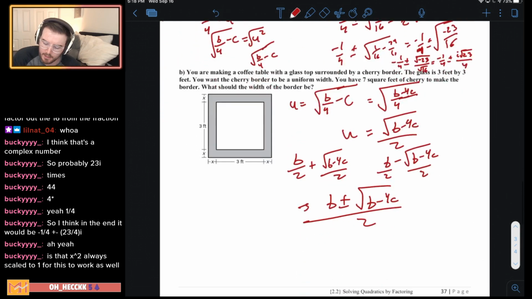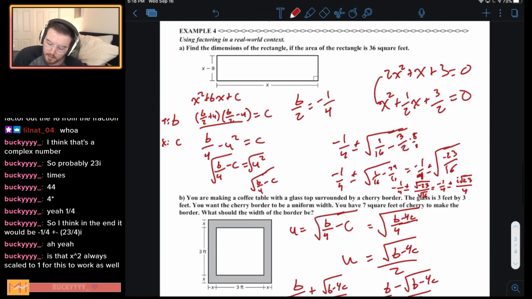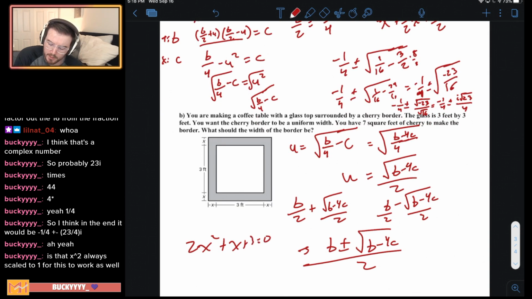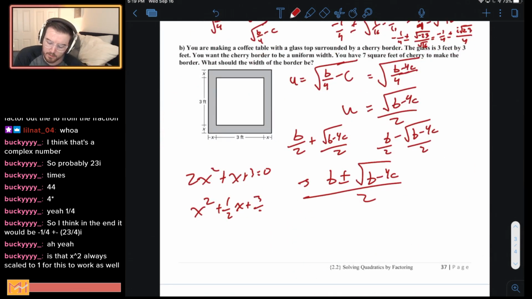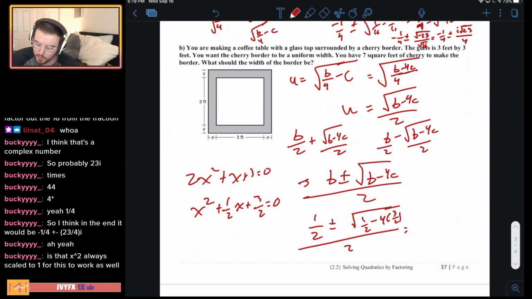I think if I use this equation, it would work. Let's see. We've got 2x squared plus x plus 3 equals 0. And then I divide it by 2, and I get x squared plus 1 half x plus 3 halves, like I said. Just double checking my work up there. So then 1 half plus or minus the square root of 1 half minus 4 times 3 halves all over 2, which equals 1 half plus or minus the square root of 1 half minus 12 halves all over 2.